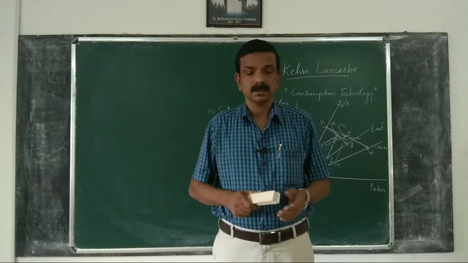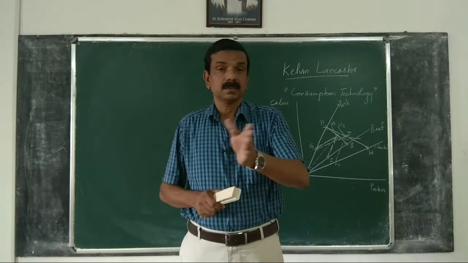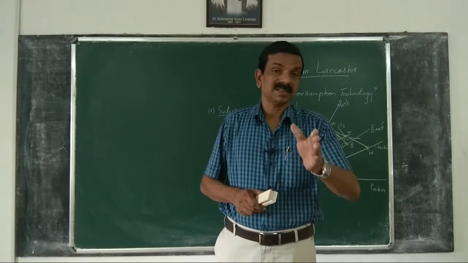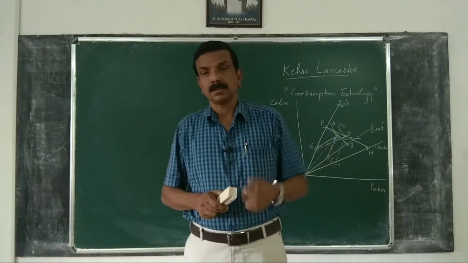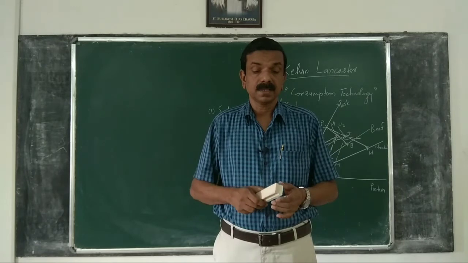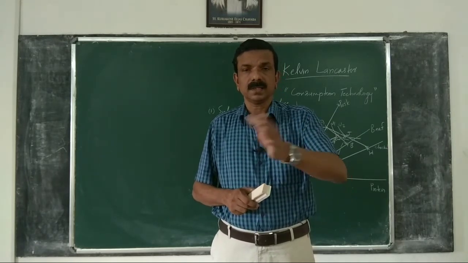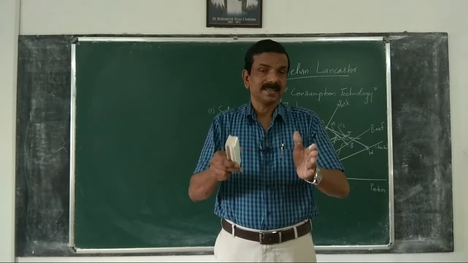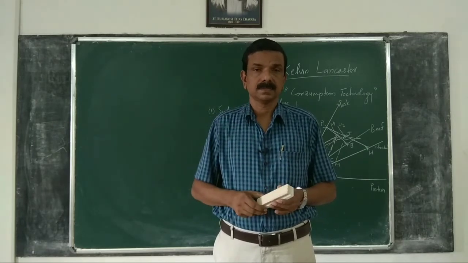Now the question is, why does a consumer substitute one commodity for another? The reason is they possess the same characteristics. As an example, coffee and tea are substitutes because both contain the same characteristics, namely they are stimulants.